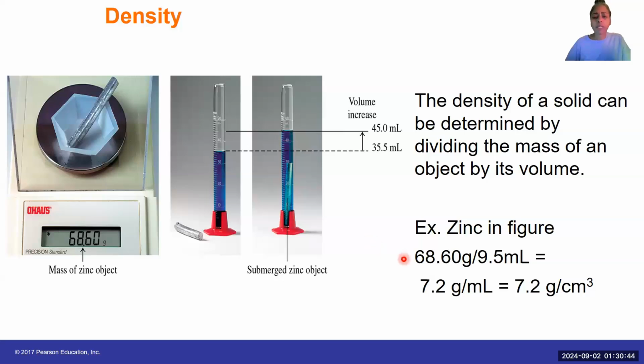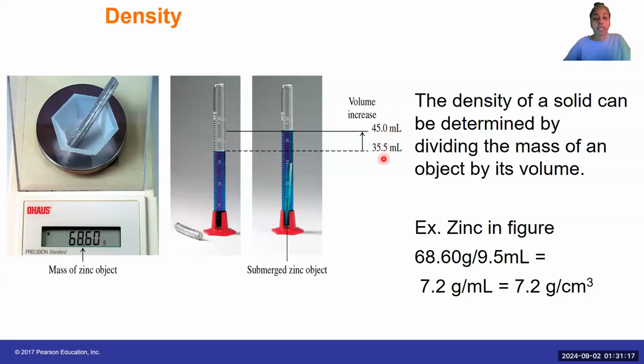So how do we take the density? Well, we first have to get the volume of the object. The volume is not 35.5 and it's not 45.0. We first have to do some subtraction in order to get the volume of the piece of zinc. So 45.0 minus 35.5 gives us 9.5 milliliters.